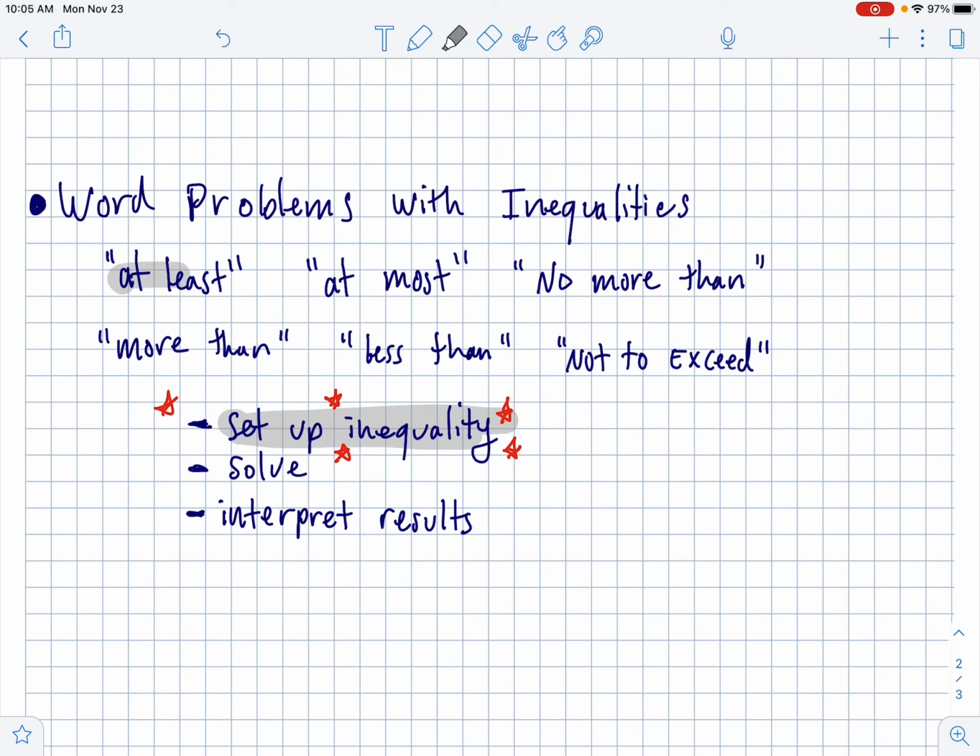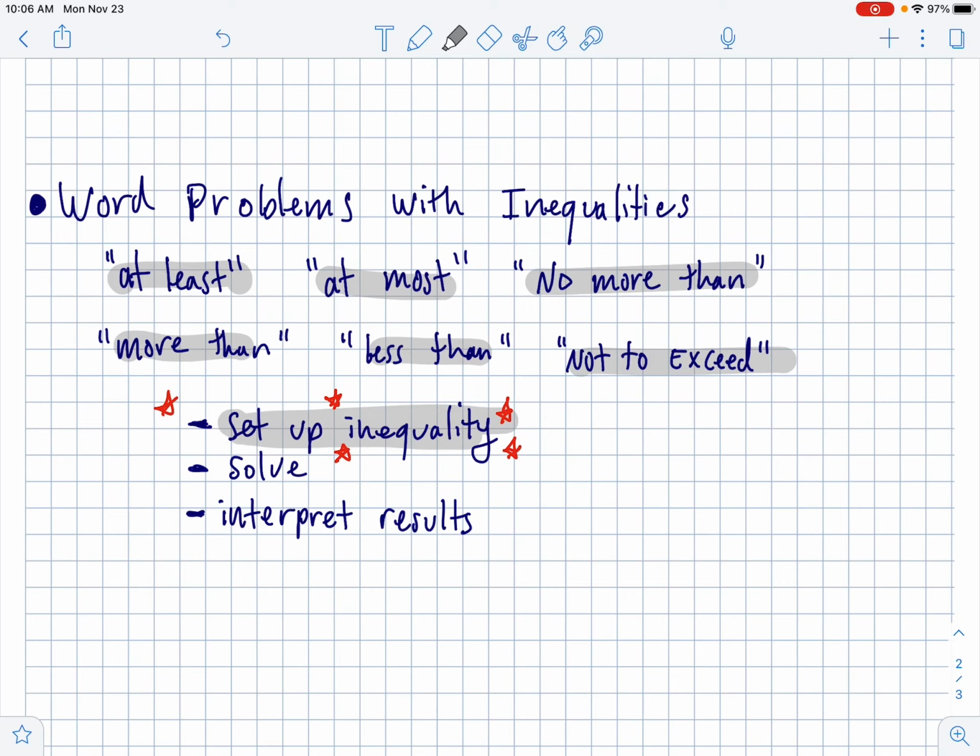Watch out for words like at least, at most, no more than, less than, not to exceed. There's more, but these are tip-offs about how you should set up your inequality, because all of those words are going to involve some kind of alligator.